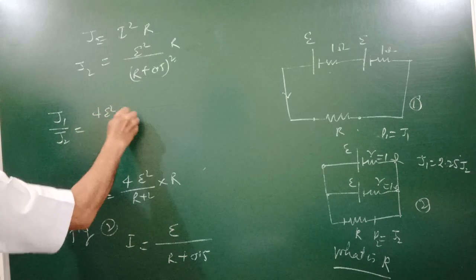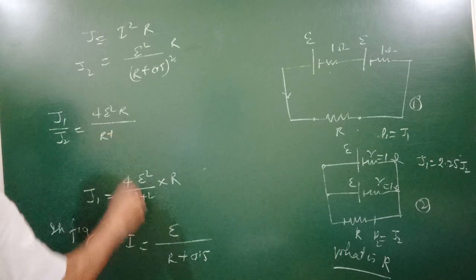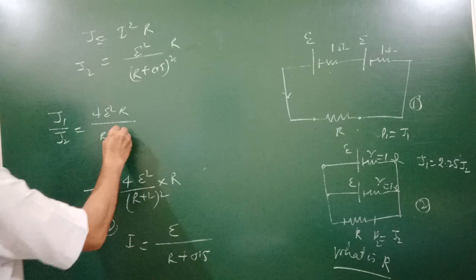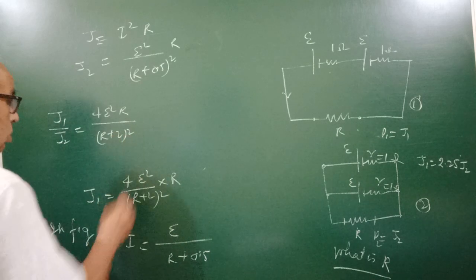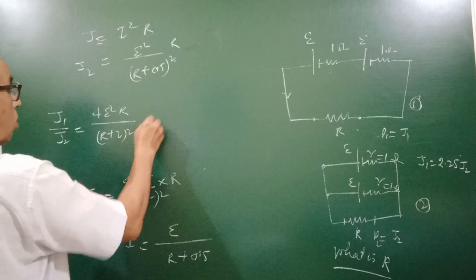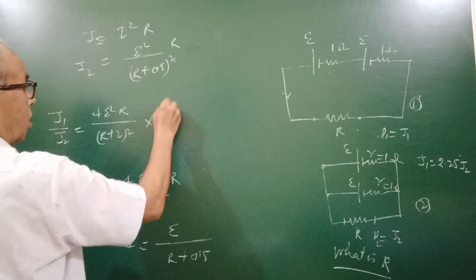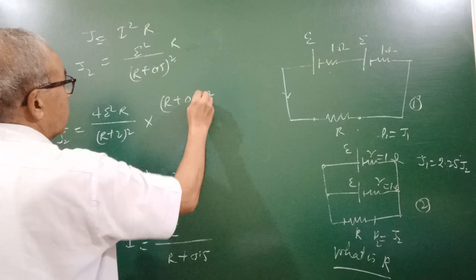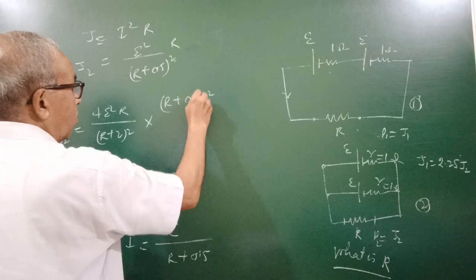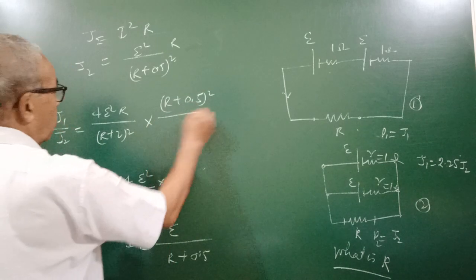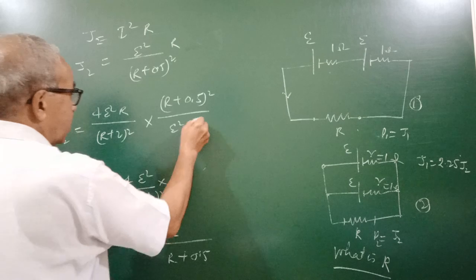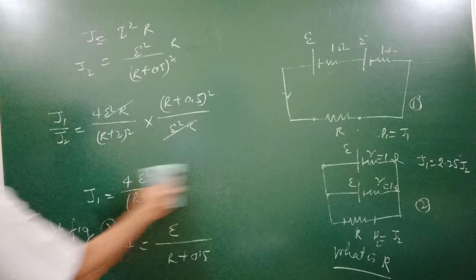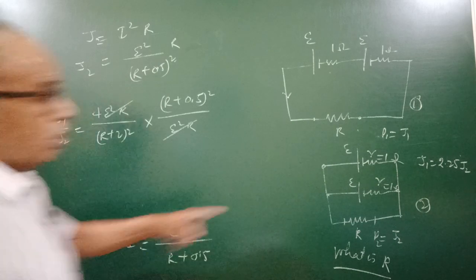4E square R upon R plus 2 whole square, उल्टा कर दो इसको डिवाइड के लिए, R plus 0.5 whole square upon E square R. E square R कैंसिल, तो J1 अपॉन J2 2.25 है.